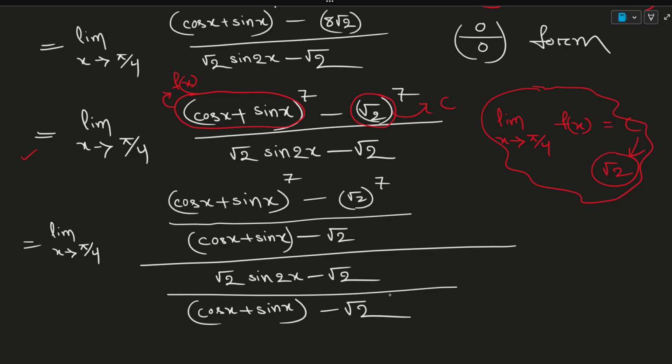So I have divided the numerator and denominator by cos x plus sin x minus root 2.